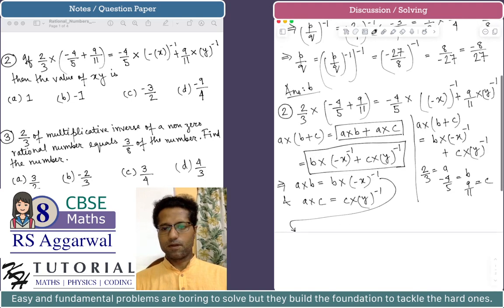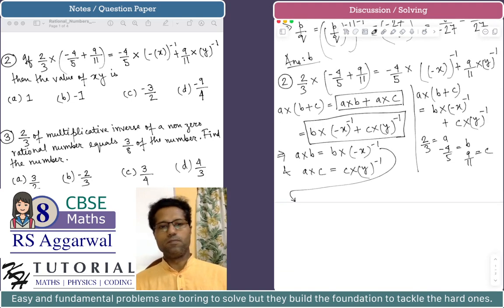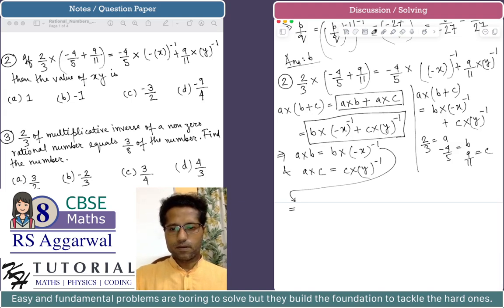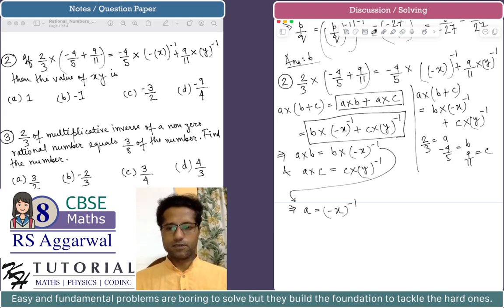Sorry for my clumsy solution, but I hope you are getting the concept of how I am solving it. From this we can clearly say that a is equal to the multiplicative inverse of minus x, or reciprocal of minus x.